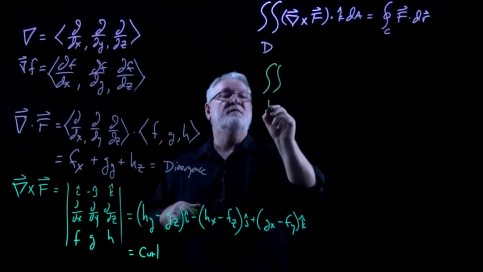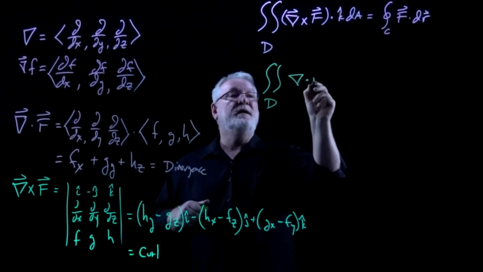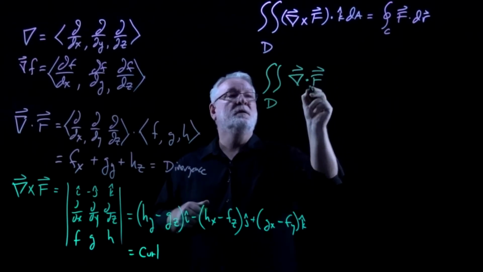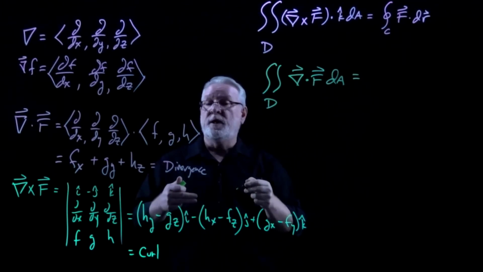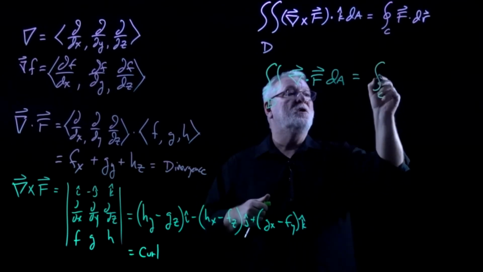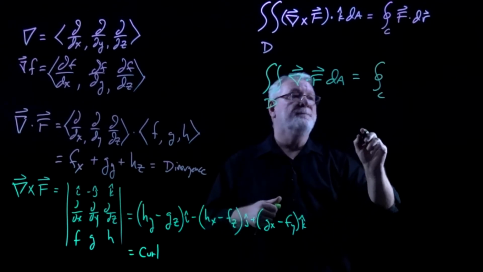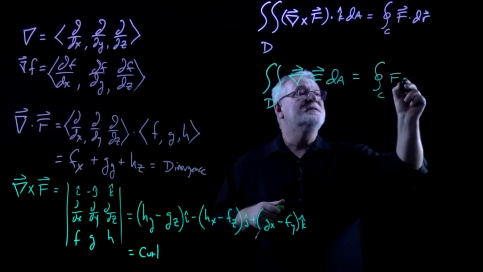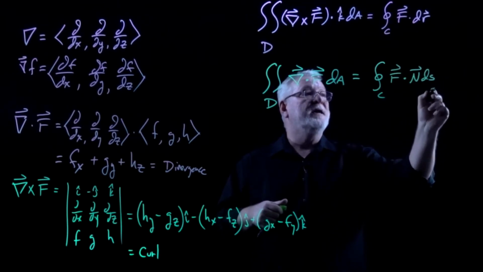Suppose you need to evaluate the double integral of del dotted with f dA. Well, then once again, according to Green's theorem, what you can do instead is do the closed loop integral around the boundary here of f dotted with the normal vector ds.